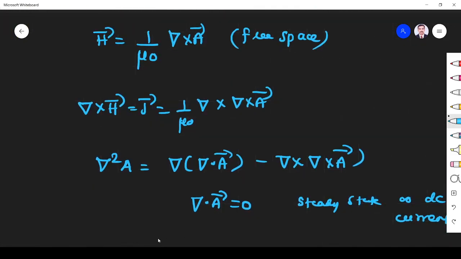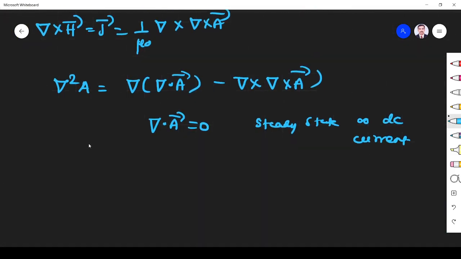That means A is also a constant. So divergence of A, del dot A, is dou by dou x of A, change of A is 0 because it is steady state. Steady means no change. Dou by dou x of a constant means 0. So del dot A is 0.